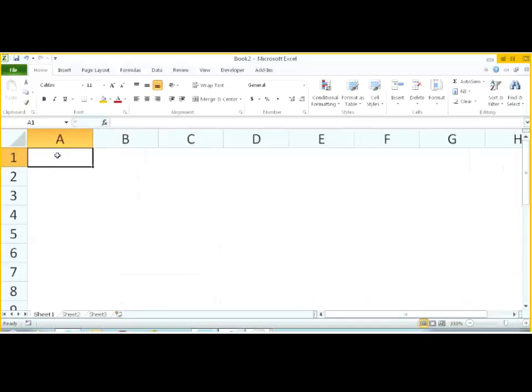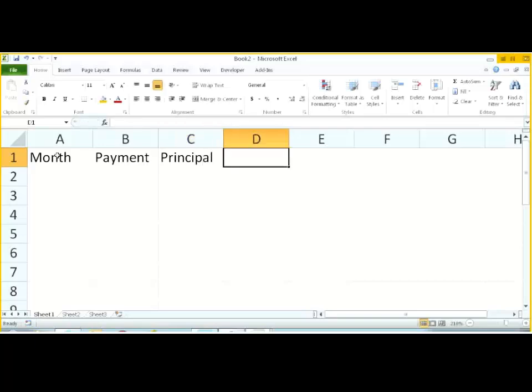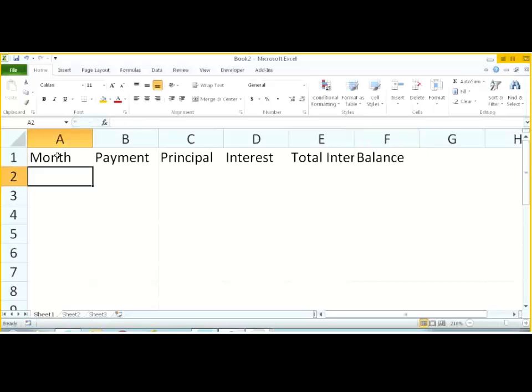So my first column was month, second column was payment, third column was principal, the fourth column was interest, the fifth column was total interest, the last column was balance. And so we start with month 0, and then we go to month 1, and we go as long as the car loan was, which, let's see what it was.